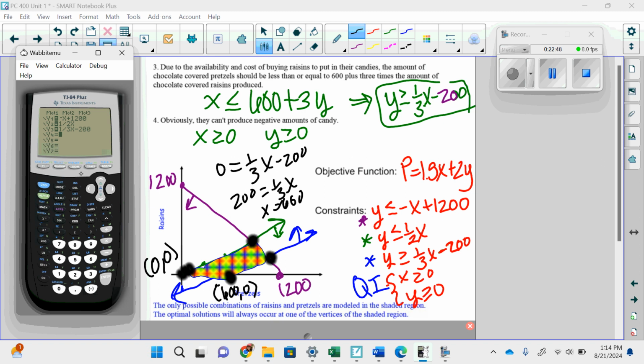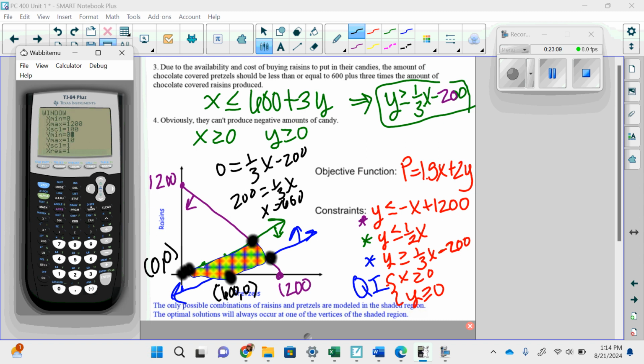So when we set up our window, I'm going to set it up similar to this. So I have x's going from 0 to 1,200. And I'm just going to say scale by 200. Or actually scale by 100. Why not?